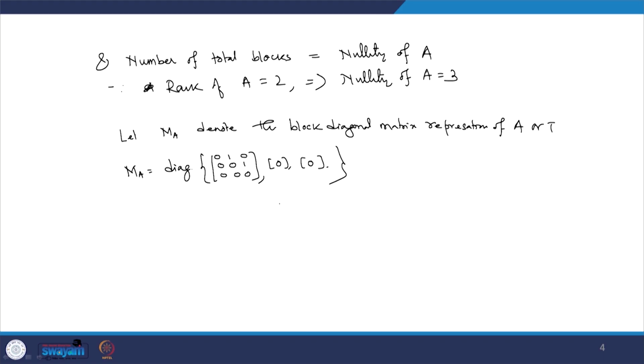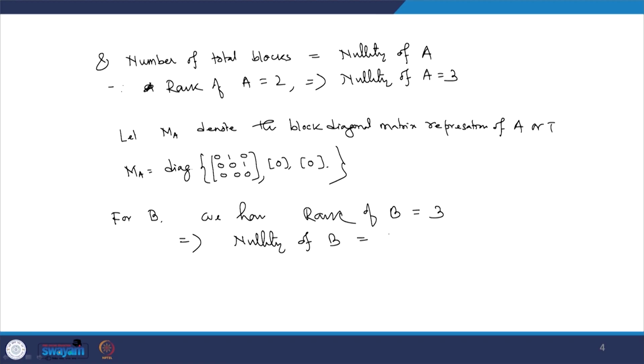Now, what can you say about the matrix B? For B, we have rank of B equal to 3, so nullity of B equal to 5 minus 3 equal to 2. So, the total number of blocks must be exactly 2.